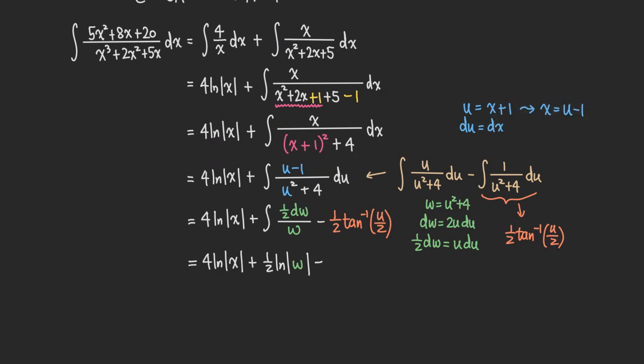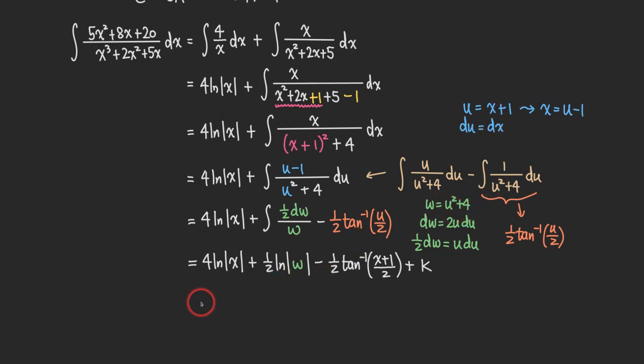And then minus 1/2 tangent inverse of, what is u equal to? U is actually equal to x plus 1, so we are going to put it back as x plus 1 right here. And then plus the constant k. Well, the w, we also need to switch it back. So it's going to be u squared plus 4, but then u is also x plus 1.